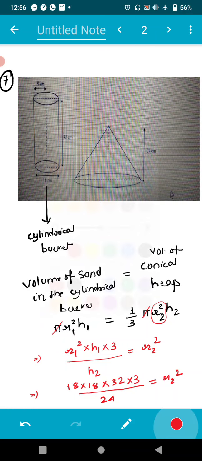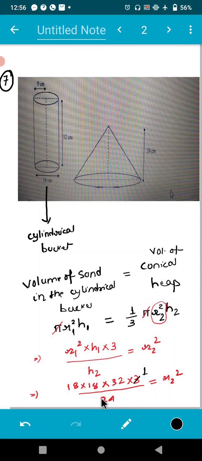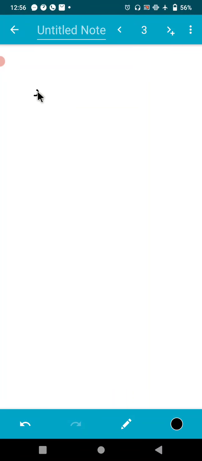Now let's reduce this. 3 ones are 3, 3 eights are 24, and 8 ones are 8, 8 fours are 32, so we can write r2 square is equal to 18 into 18 into 4.